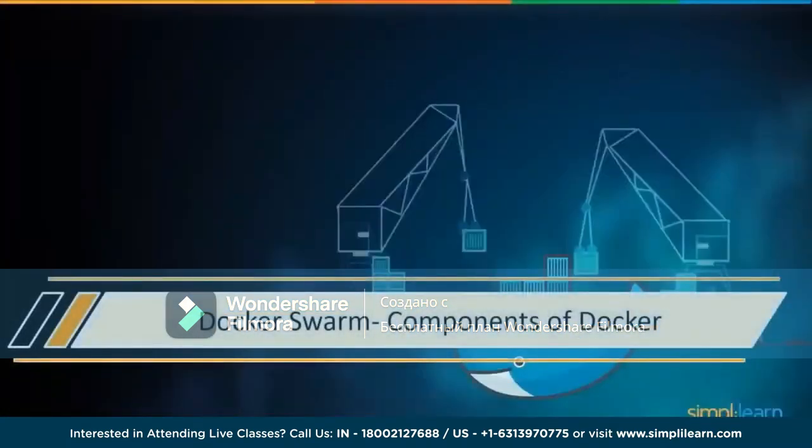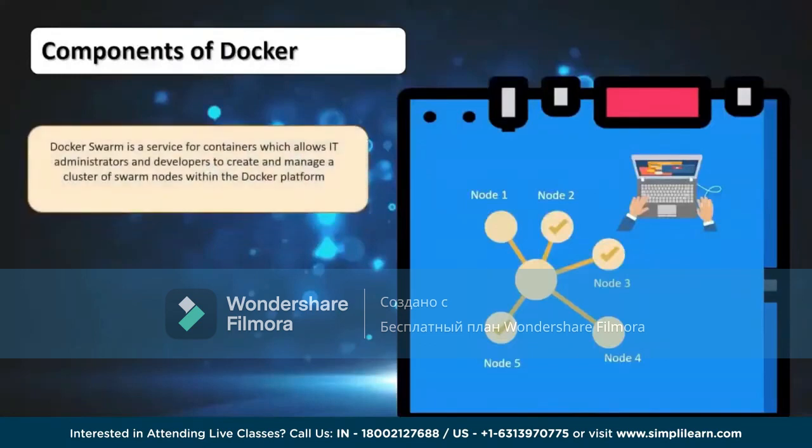Now, what exactly is the Docker Swarm? Docker Swarm is an inbuilt, or it's a default orchestration tool which is being provided by Docker itself. It's a service for containers which allows the IT administrators and the developers to create and manage a cluster of Swarm nodes.